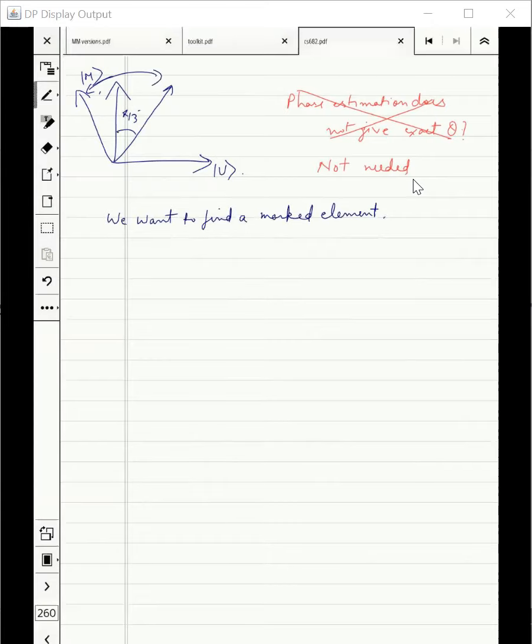You can say it in terms of an overview, like big steps. You don't have to describe each step saying, oh, I will reflect about 0 or something. But what was your strategy? You want to find a marked element in O of square root n, right? This was our intention. What will be the steps? What will be the first step?